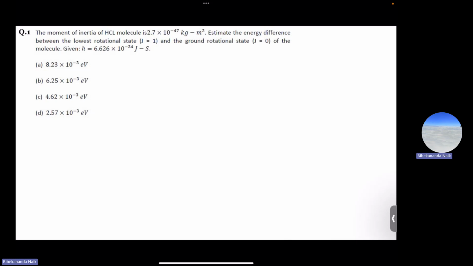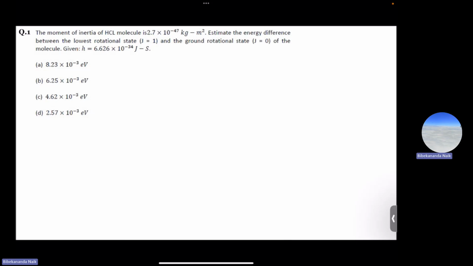Estimate the energy difference between the lowest rotational state, which corresponds to J equals to 1, and the ground rotational state, which corresponds to J is equal to 0 of the HCl molecule. And it is given in the question that we will take the value of the Planck's constant h equals to 6.626 into 10 to the power minus 34 joule into second.